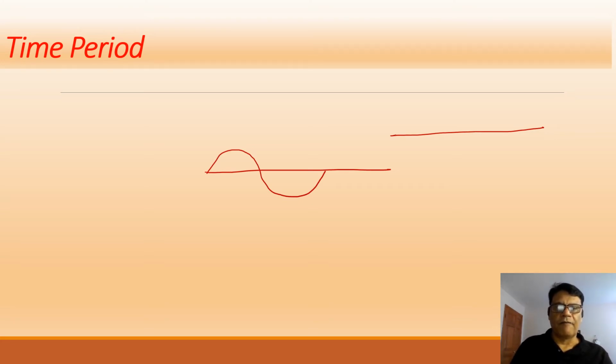This is a small wave. The distance from the start of one wave to the end of the other wave is called wavelength.